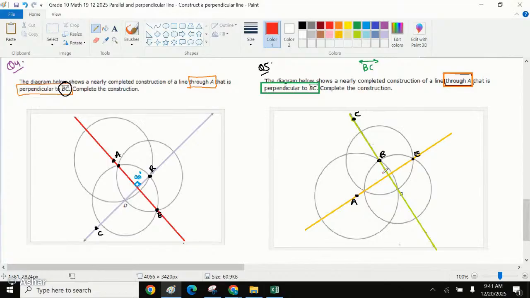We make a box angle over here, or we simply write 90 degrees over there, just to prove that this is a perpendicular line. Okay, so what option is the correct answer? Option B is the correct answer. So you click on that option.